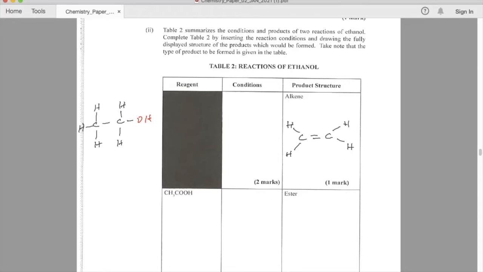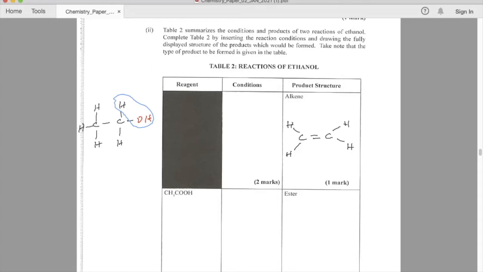And essentially what I'm doing outside of the table, we don't necessarily need it, but I like to show where things are coming from. So what we've pretty much done here is removed water. So it means that the conditions necessary would be those that represent a dehydration reaction.